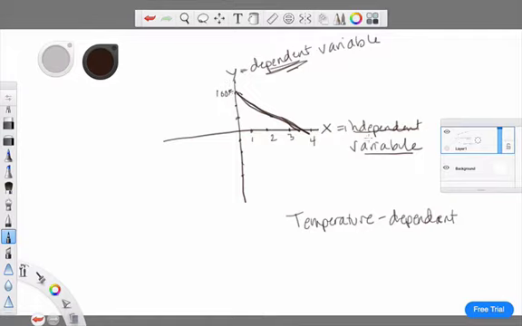So whenever you're trying to figure out which one is my independent variable and which is my dependent variable, you always want to think about which one of these depends upon the other. In this case, your temperature depends on how high you are. This is always the same thing. The x, the run, is always your independent variable, and the dependent is always this.